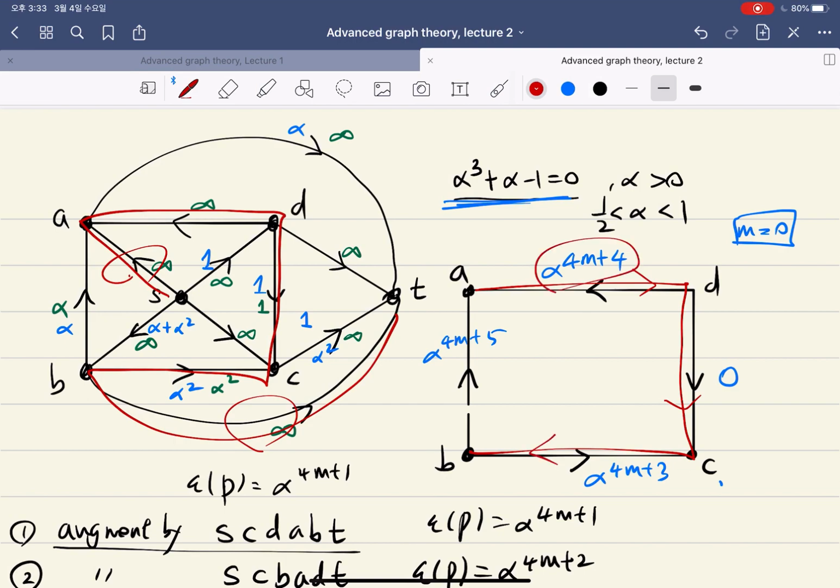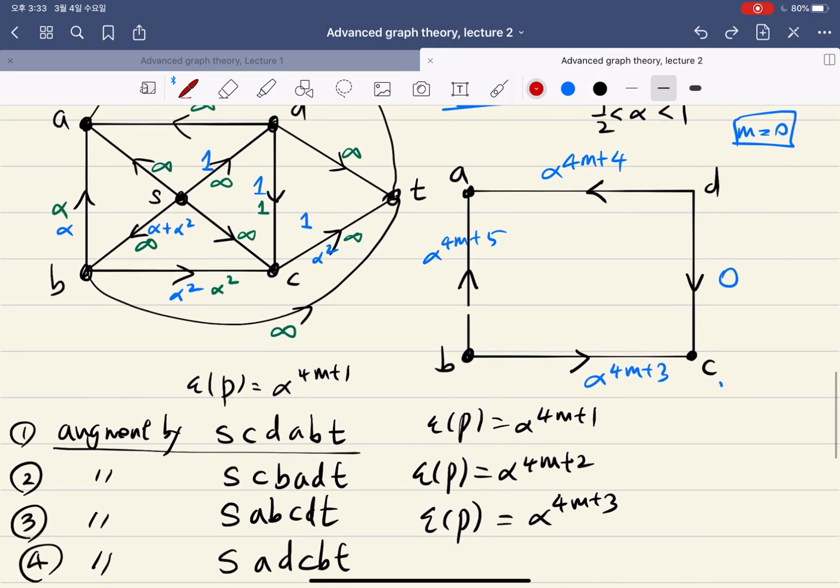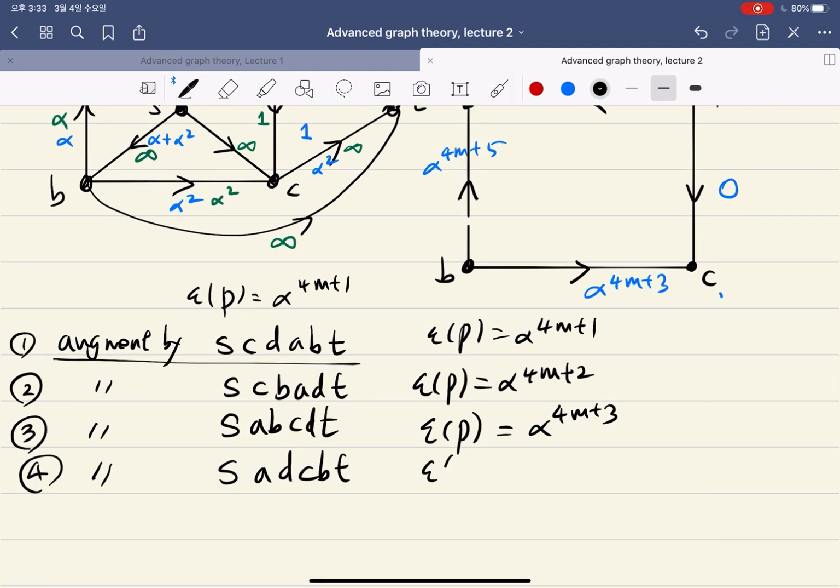Again, this can be decreased by alpha to the 4m plus 4, and this can be increased by at most its capacity 1, which is larger than the other value, and this can be decreased by alpha to the 4m plus 3, which is bigger than alpha to the 4m plus 4. So we can augment it by alpha to the 4m plus 4.